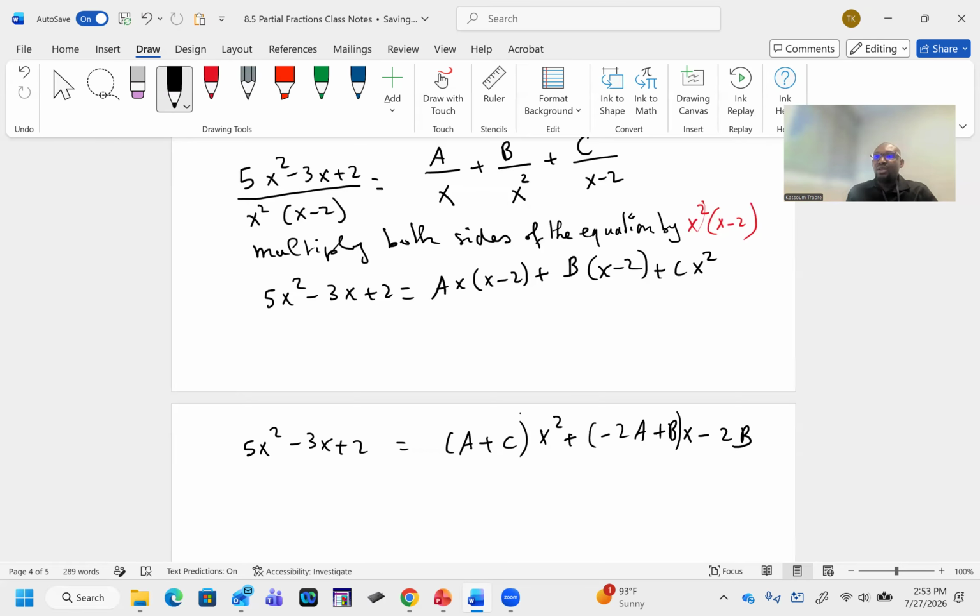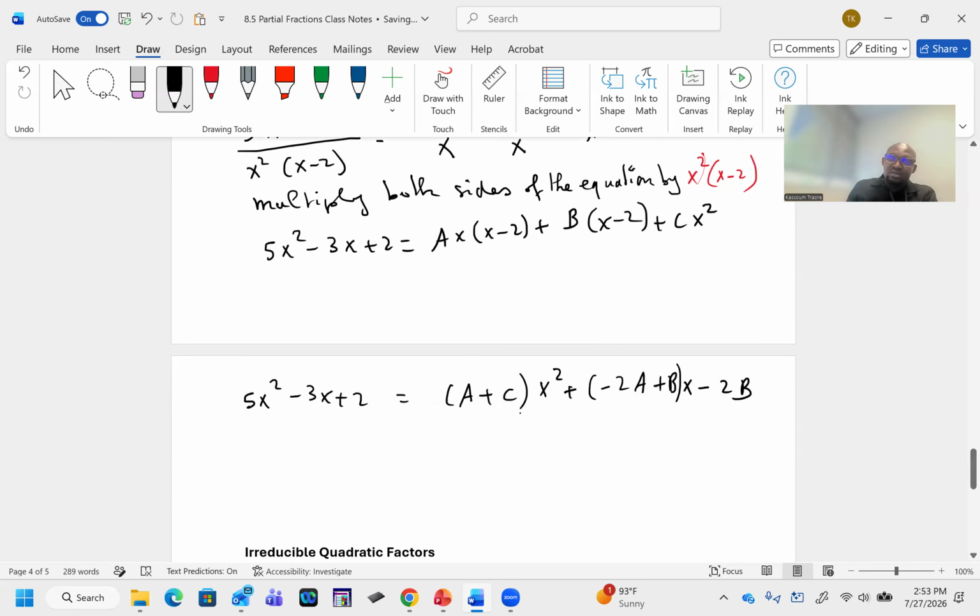So now we compare the coefficients, okay? If I compare the coefficients, we'll see a plus c will be equal to 5, right?